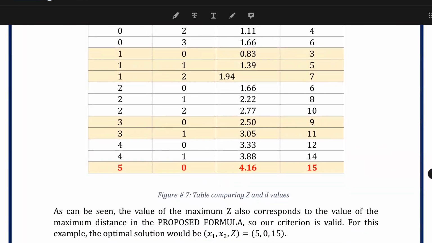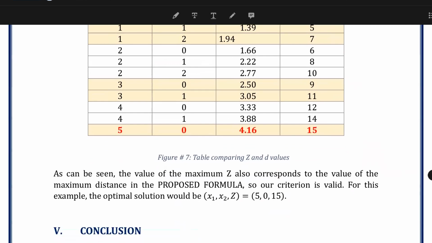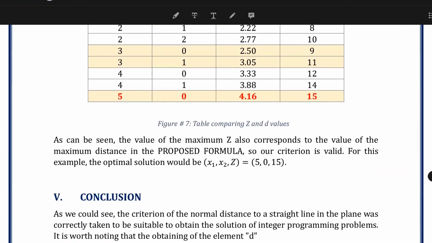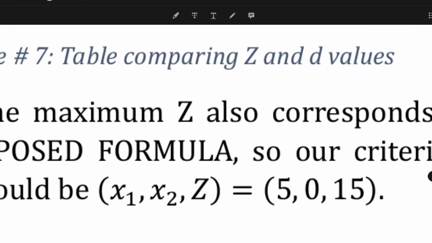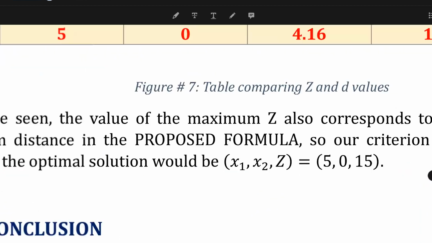And as can be seen, the value of the maximum Z also corresponds to the maximum value we were talking about before. So our criterion is valid. For this example, the optimal solution would be like this: 5, 0, and 15.